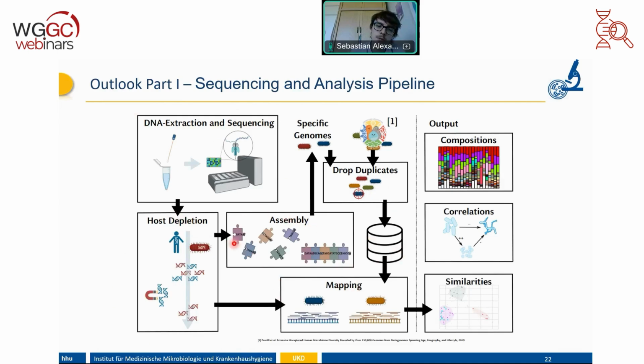We also have a step where we do a meta or pangenomic assembly of reads from the sample and build up specific genomes, compare them with the database, and drop duplicates, just to be sure that we do not miss something. So this is our try to get a more convenient look into the dark matter of the microbiome. And with this, we can analyze similarities, correlations, and the composition of different sample materials.